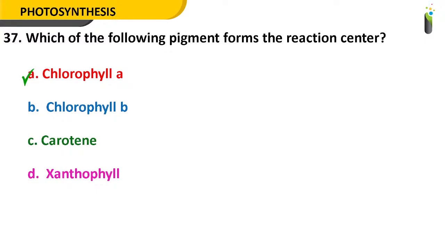Photosystem 1 gets activated at a wavelength of 700 nanometers, and photosystem 2 gets activated at a wavelength of 680 nanometers. So these are the two types of photosystems, and they release the electron at two different wavelengths of light energy.